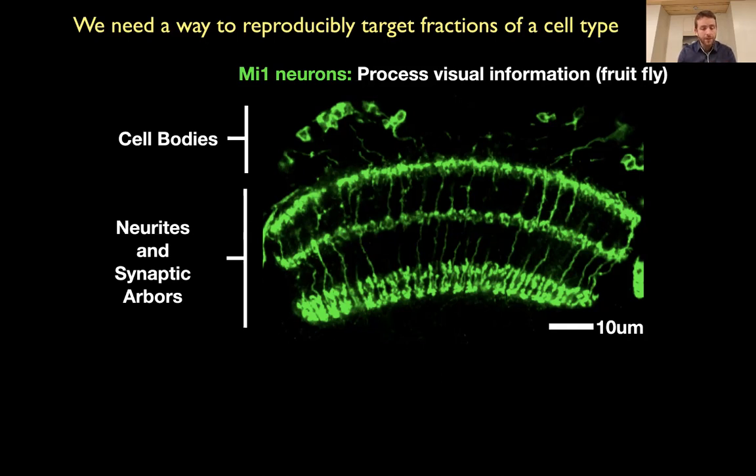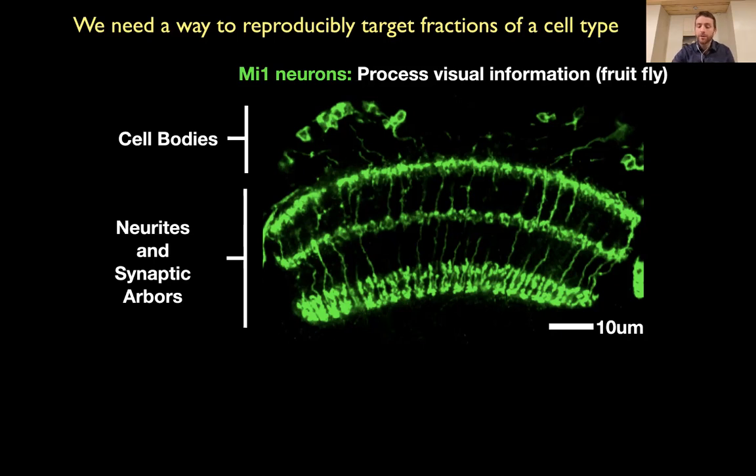There are about 750 of these Mi1 neurons, and they exist in repeated circuits in the fruit fly brain to process visual information. These Mi1 cells are some of the most separated cells in any brain, but they interdigitate, and when we label them all, it's really hard to observe single neurons and single neuron function.